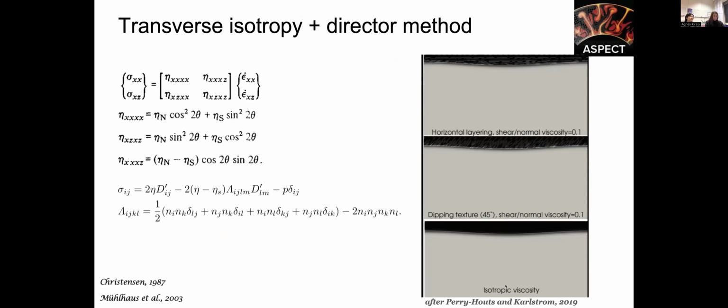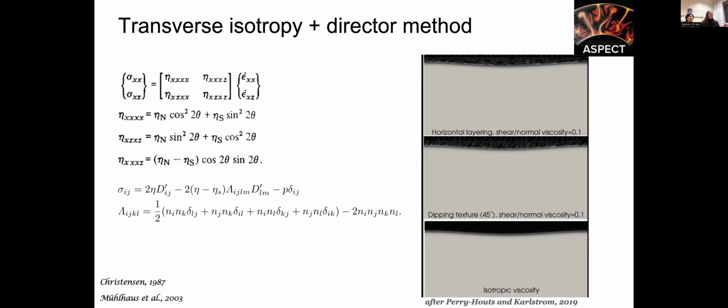Previously, because it's not very easy to recover all these viscosity components, anisotropic viscosity has been modeled with some simplifications, and the most common one was using transverse isotropy, where you basically reduce the number of different viscosity parameters to 2, which is a normal and a shear viscosity, and maybe an angle that describes the angle of the easy slip plane with respect to your coordinate system.